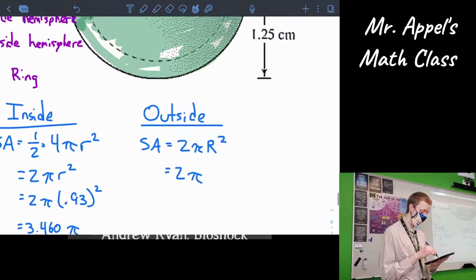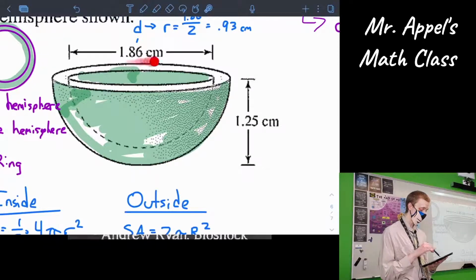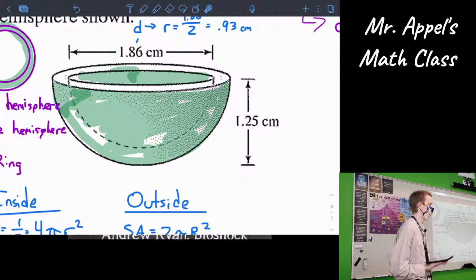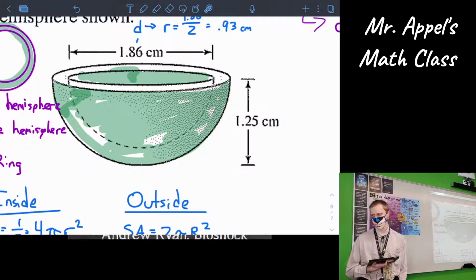All right, what's big R now? What's the radius of our outside circle? Anyone know?